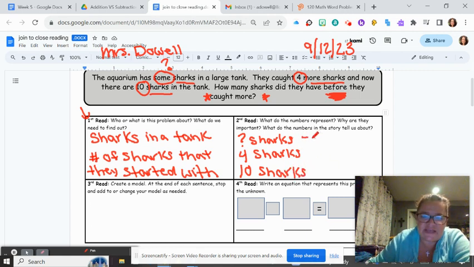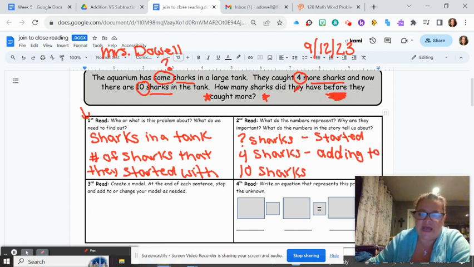So this is what they had in the beginning, what they started with. This is how many they caught, 4 more. When they catch 4 more sharks, that means they're joining, adding to what they already have.